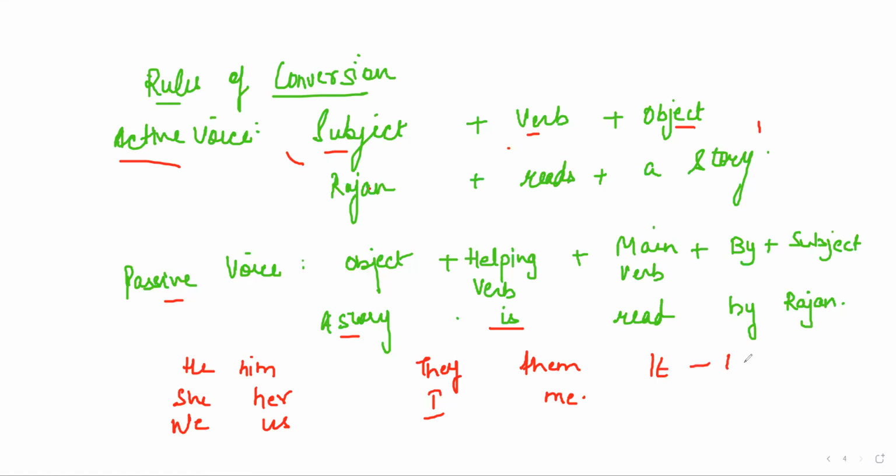Another exception here is it. It will remain it only. Similarly, if there is who, then we'll say by whom. So who did this? becomes by whom was this done? What, there is no change.